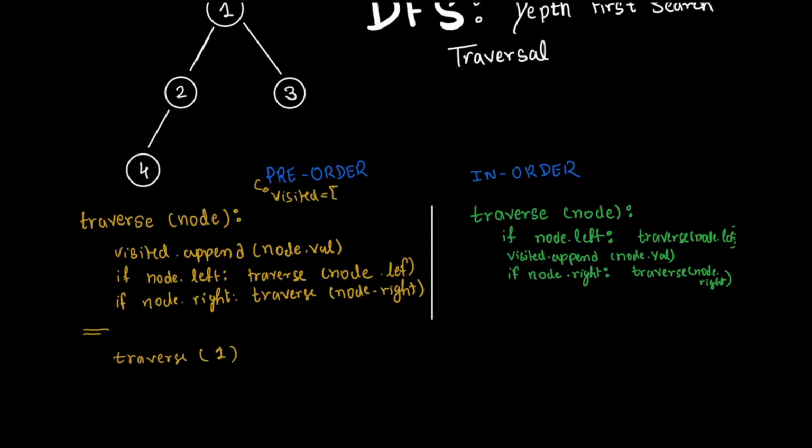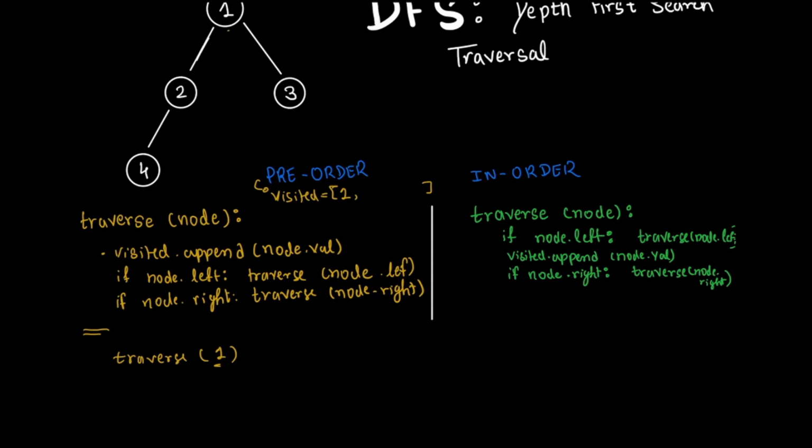The first thing that happens when I make a call to traverse the root is this line will execute, and the value of the node is appended, and node here is the root, that is 1. So 1 is appended.